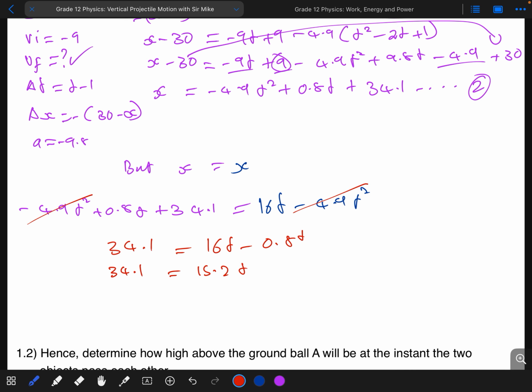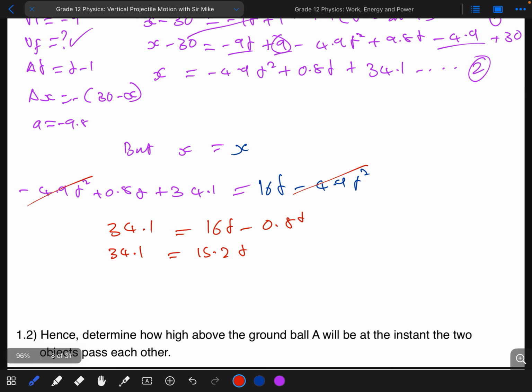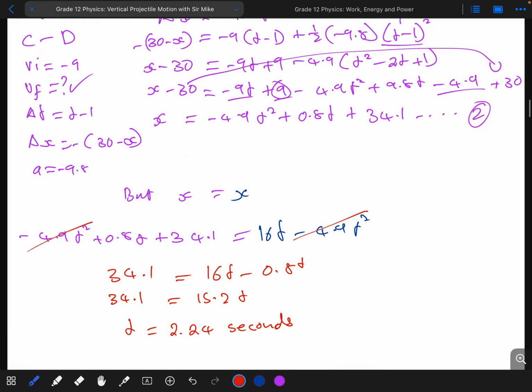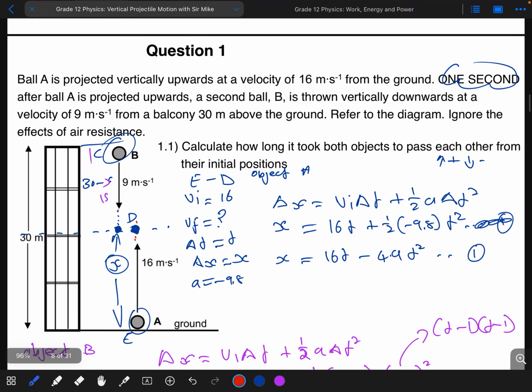Divide both sides by 15.2, and what you simply get is t equals 2.24 seconds. But the question was how long it took both objects to pass each other from their initial positions.